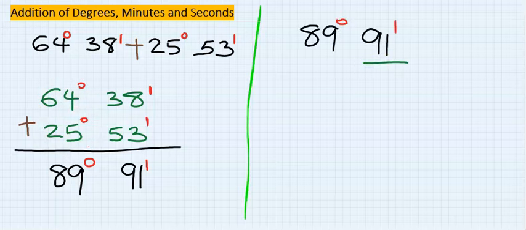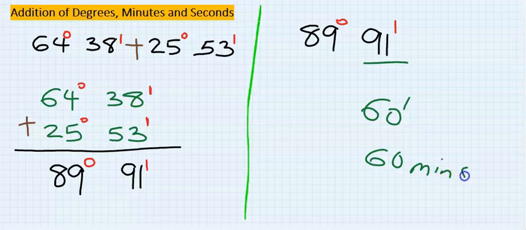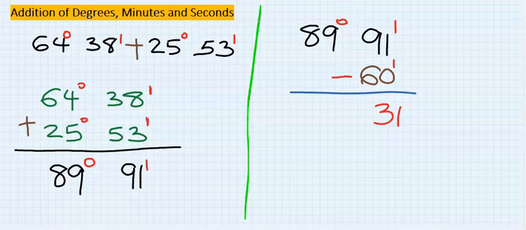This is minutes. However, conventionally, we have only 60 minutes. We don't even have 61, let alone 91. Hence, we subtract 60 from 91. When you subtract 60 from 91, you will get 31 minutes. This is now less than 60.